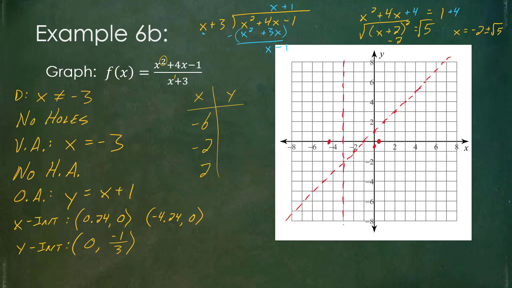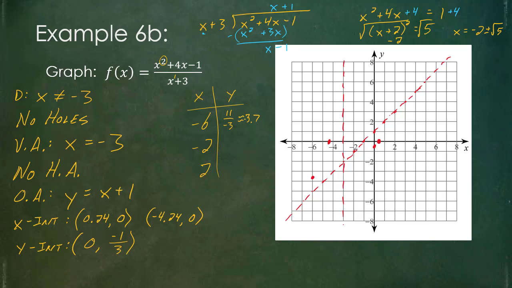If I were to plug each of those in, -6 squared would be 36, plus 4 times -6, so -24, then -1. So the numerator would be 11 for that one, over -6 plus 3, which is -3. And 11 divided by -3 is approximately -3.7-ish. So if I go to -6, I'm going to go down to about -3.7-ish, right about there.